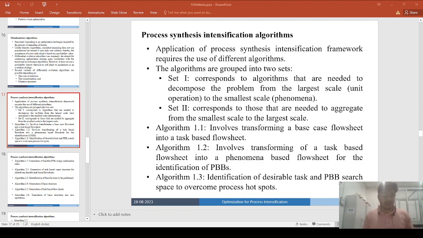So basically sub algorithm 1.3 looks at what potentially available phenomena based blocks there are. There comes the process intensification, because process intensification is not only about the given phenomena based blocks, it also involves identifying potentially helpful phenomena based blocks that can intensify the given process. With this, the set 1 algorithms have been done.